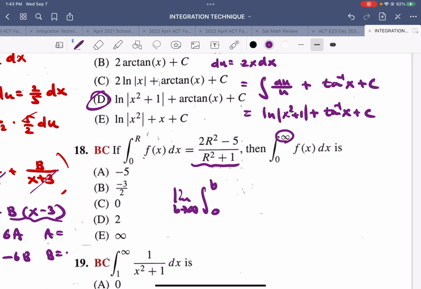Okay, this one becomes, I replace by b, and then f of x dx, like that. Oh, actually, I'm gonna replace this one by r, because that's just like a variable. Now, so limit as r goes to infinity, I replace this one like here.